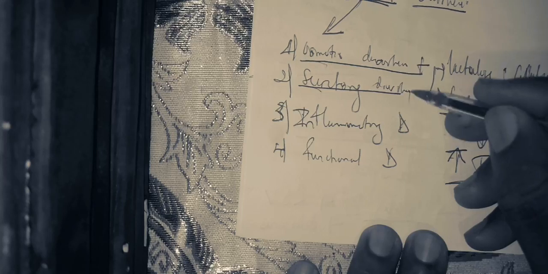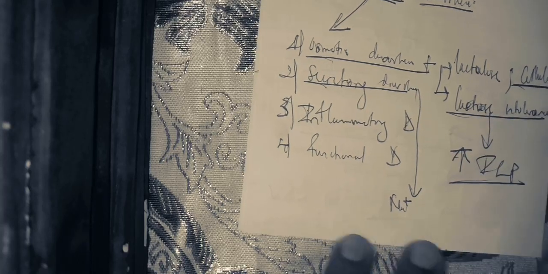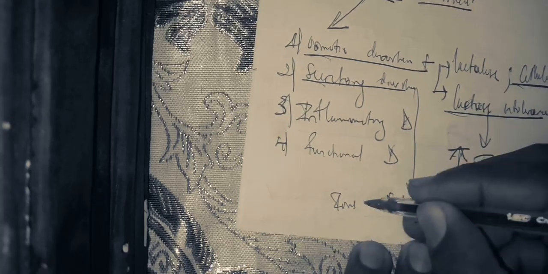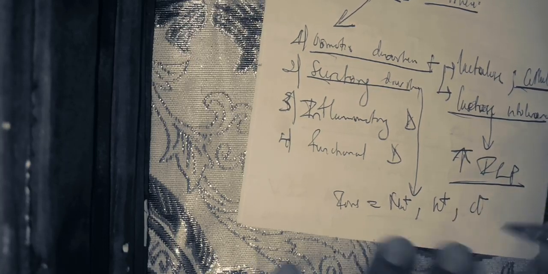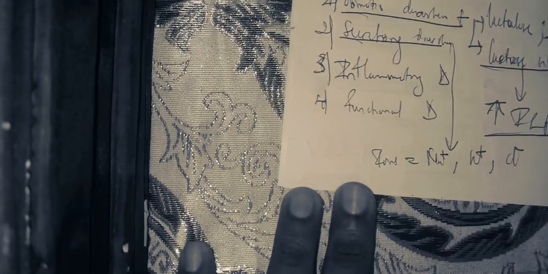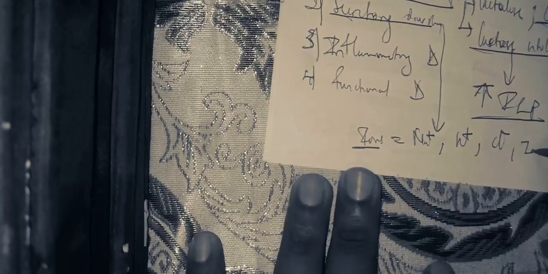Now, the next diarrhea is secretory diarrhea. In secretory diarrhea, you have mostly loss of ions, particularly sodium, potassium, and chloride ions, and sometimes also zinc.